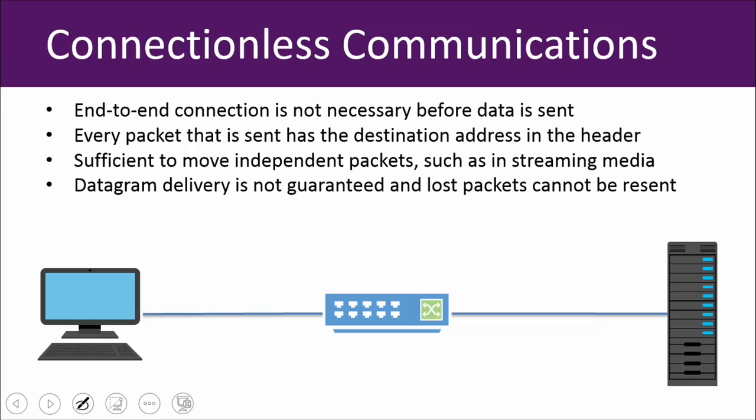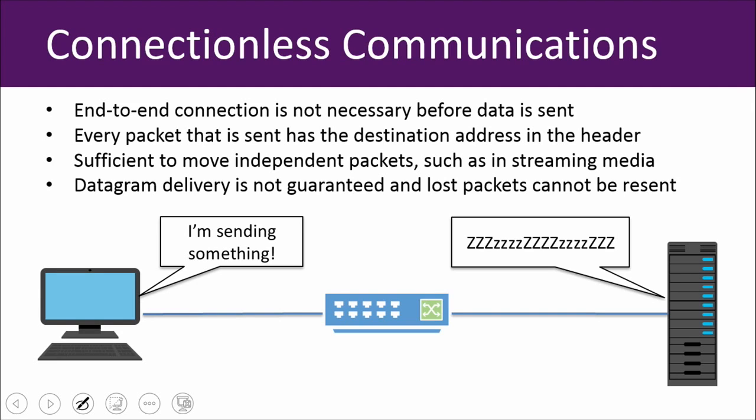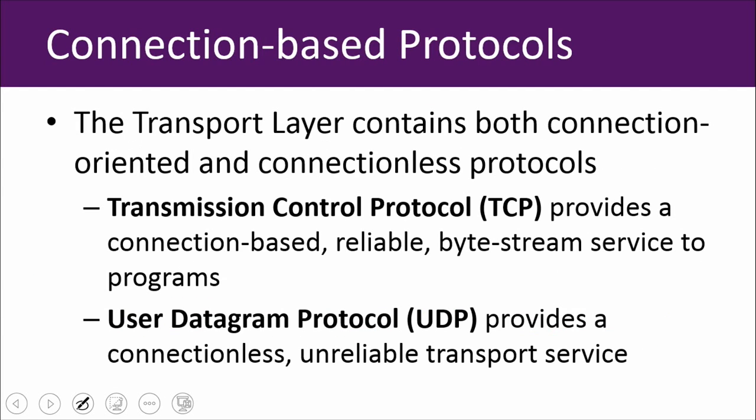So in a little bit different example, a PC is saying, I'm sending something, and of course you've got a server over here that's just sleeping at the wheel. So we're going to send packets in a stream, and there's absolutely no guarantee that they have been received.